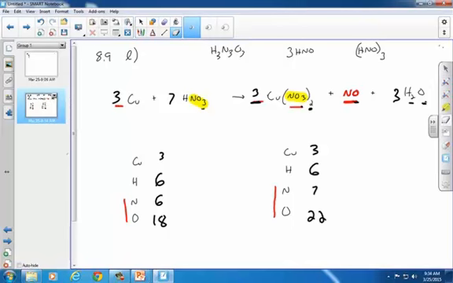So if I change that to a 7, I'll change it to an 8.